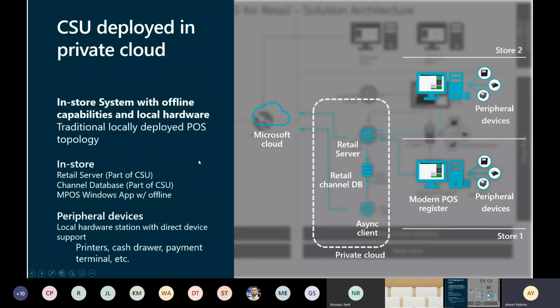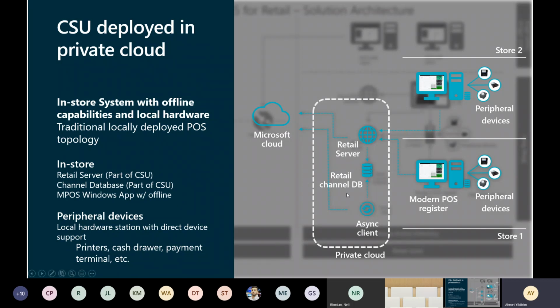And in another version of the deployment of the cloud scale unit, now instead of in store, we are installing our retail store scale unit, cloud scale unit, into the private cloud. It could be our private data center. It's a data center rather than the Azure data center.